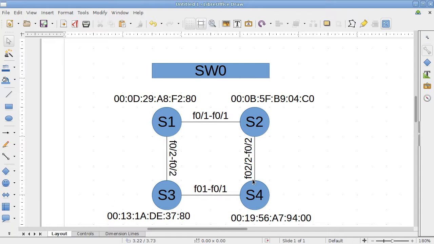Now we can change the cost of the port independently for it to pick this path instead. And the cost is calculated at the destination switch, not at the source switch. So we'd have to change the cost on this one here.